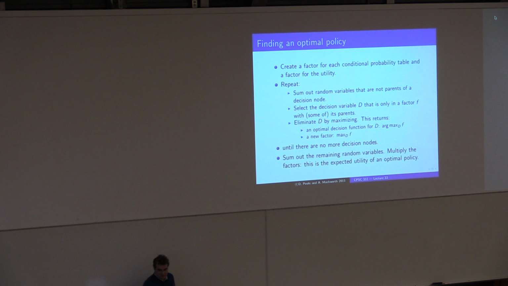We select a decision variable D that's only in a factor with some of its parents. We eliminate D by maximizing, which returns both an optimal decision function and a new factor. We keep repeating this until there are no more decision nodes. Then we sum out the remaining random variables. Okay, are there any questions about that? That's what we did in the last half of last time.